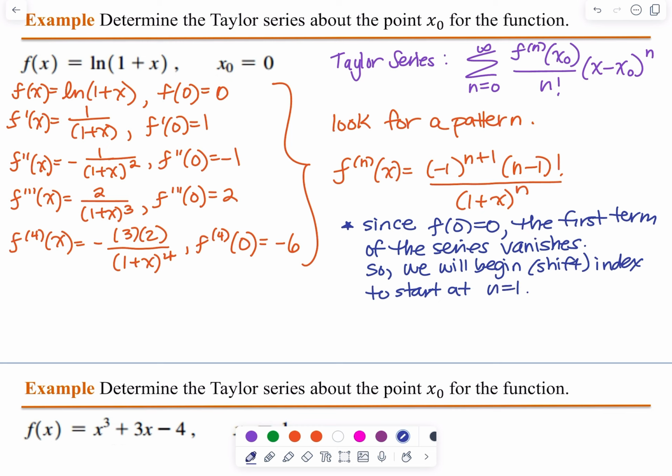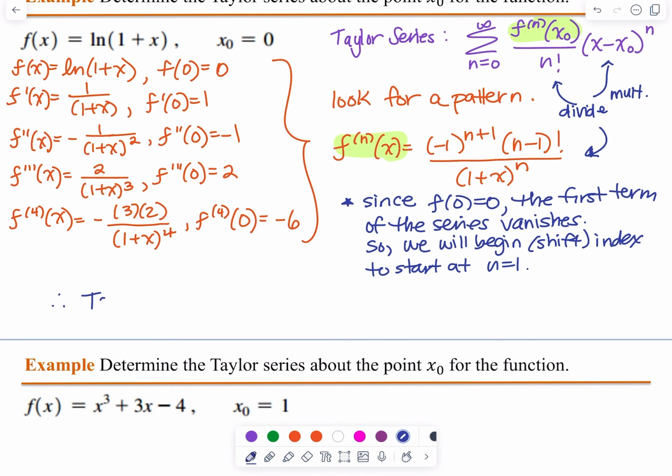Now keep in mind that this is just this. We still need to divide by n factorial and multiply by that. Okay, all of this. So let's do this.